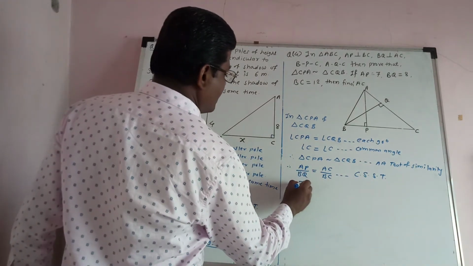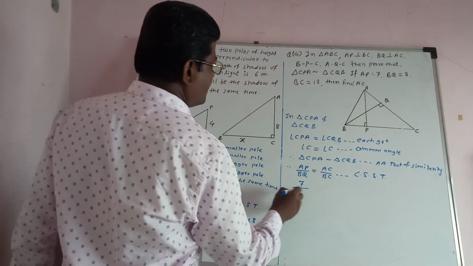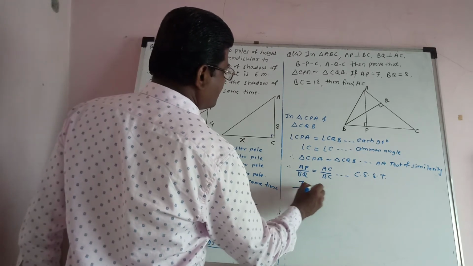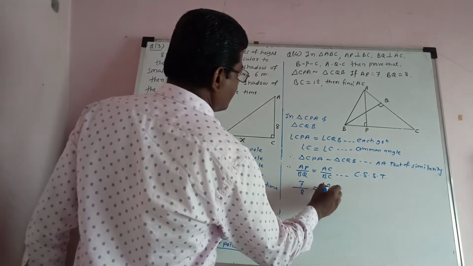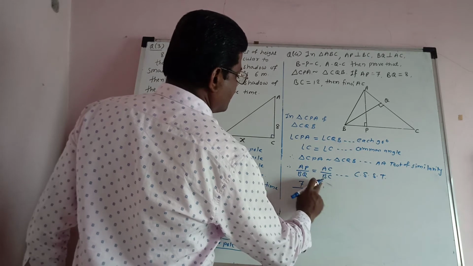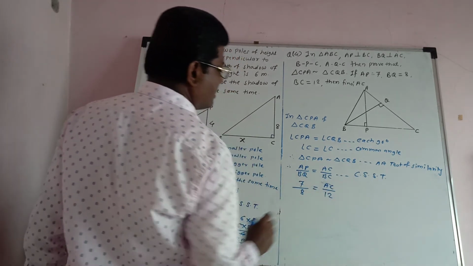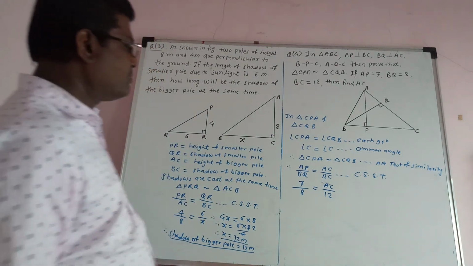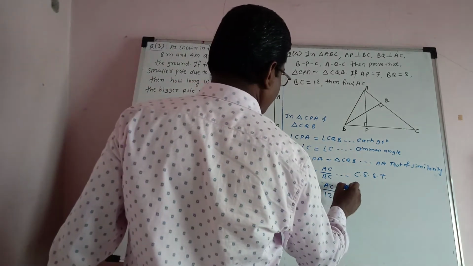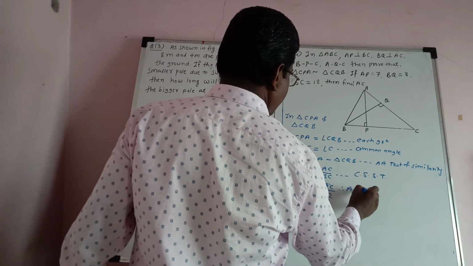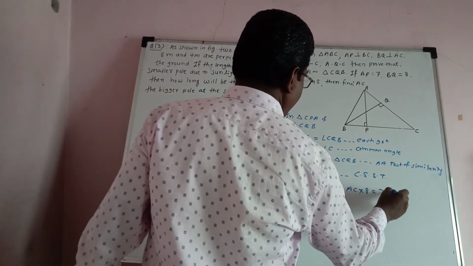AP 7 and BQ is 8 is equal to AC, which is to be found out, upon BC which is 12. Now by cross multiplication, AC into 8 is equal to 7 into 12.